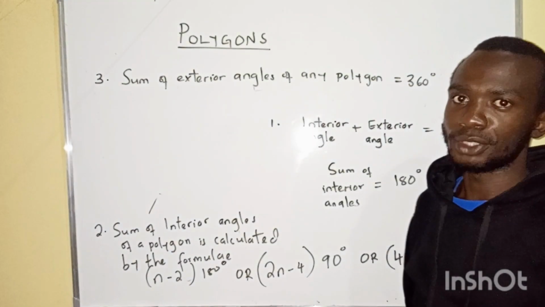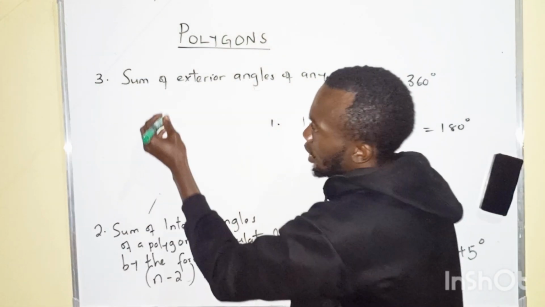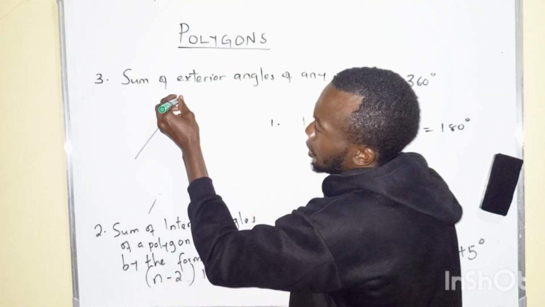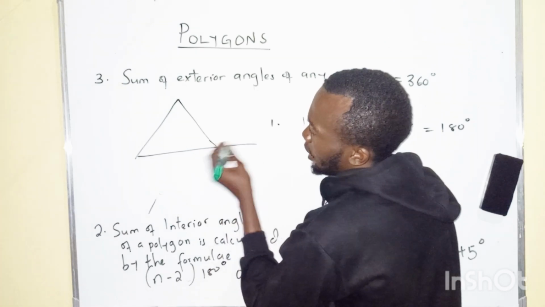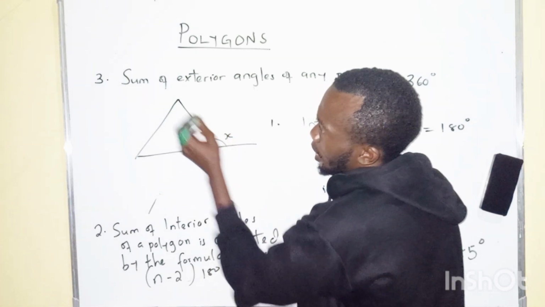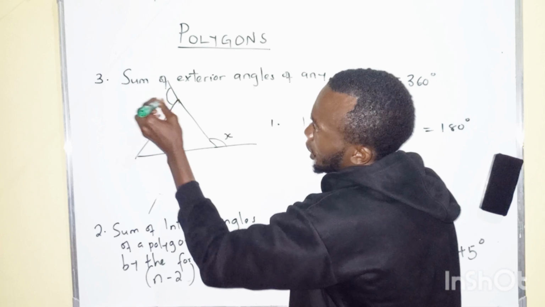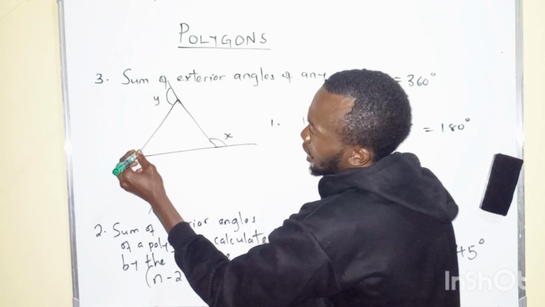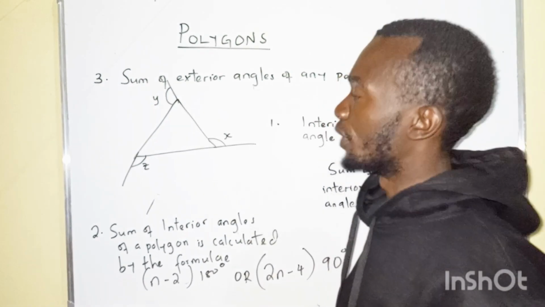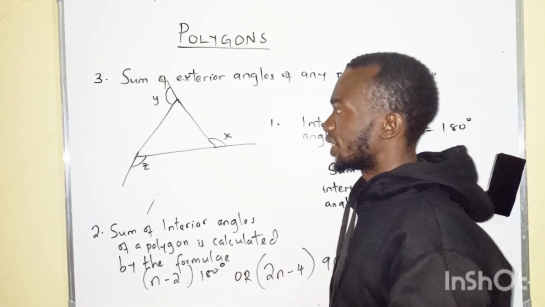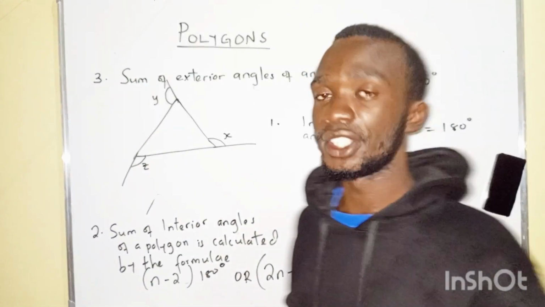Now, let me just go back to my triangle. When you have this triangle and we extend this line, we call this exterior angle x, this one we call y, and this angle we call z. Now, in the triangle, x, y, z are known as the exterior angles.